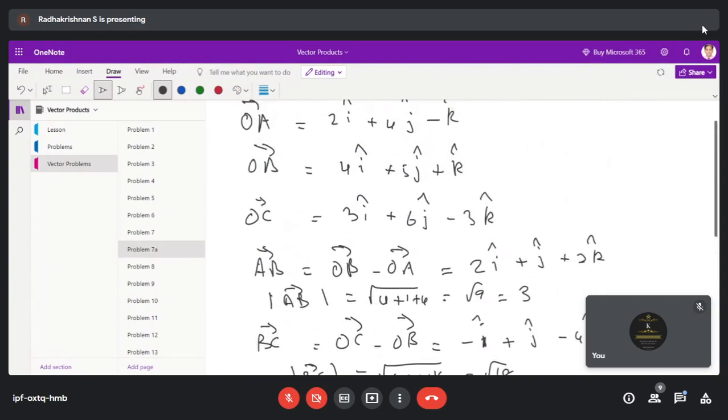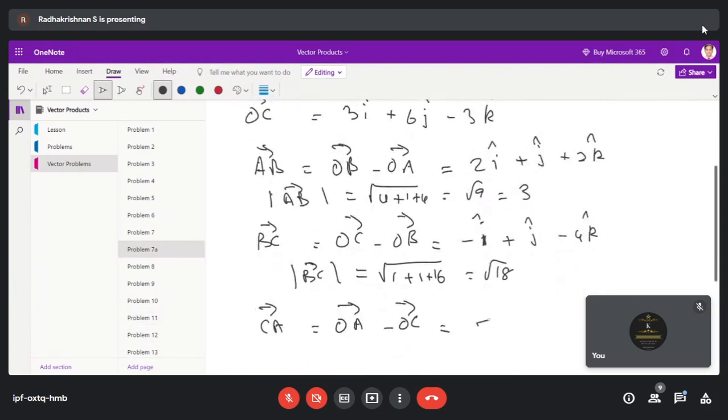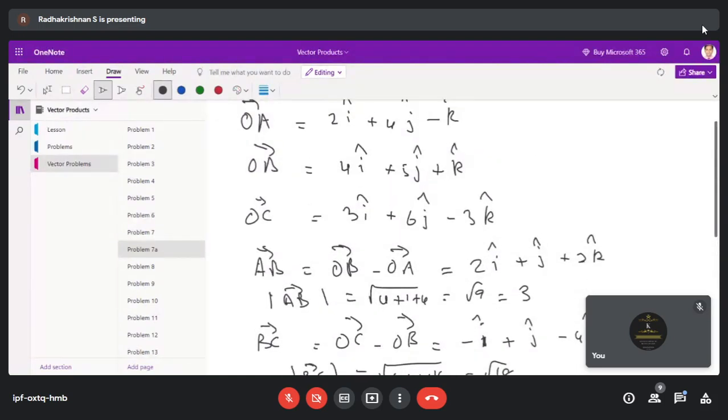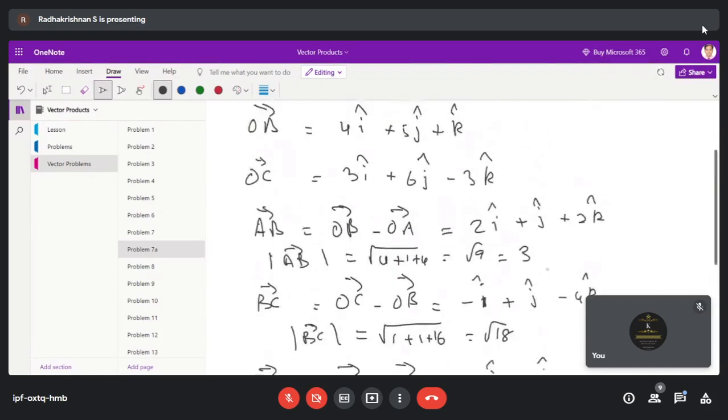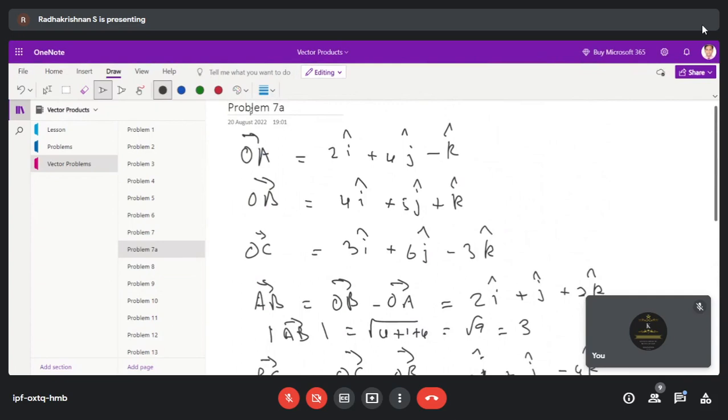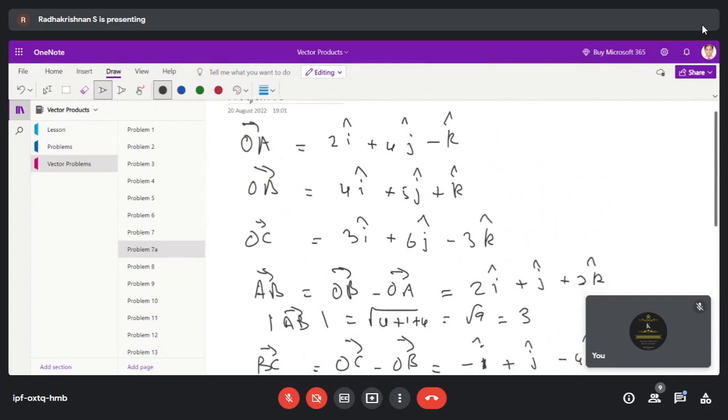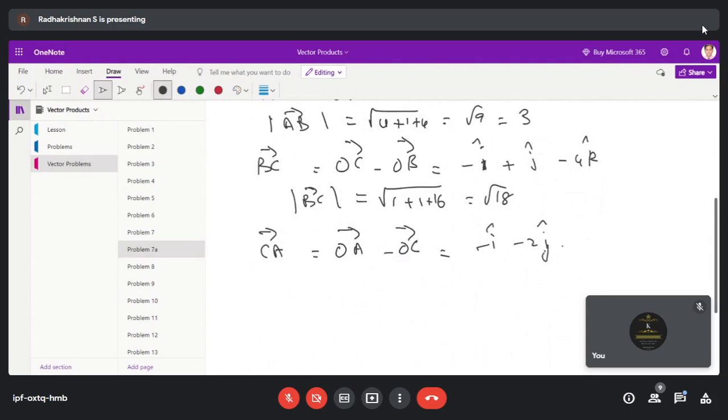OA minus OC, right? 2 minus 3 minus 1, 4 minus 6 minus 2, minus 1 plus 3 plus 2. So what is the magnitude of CA? 3. Yes, 3, sir. 1 plus 4. Isosceles triangle. Yes.